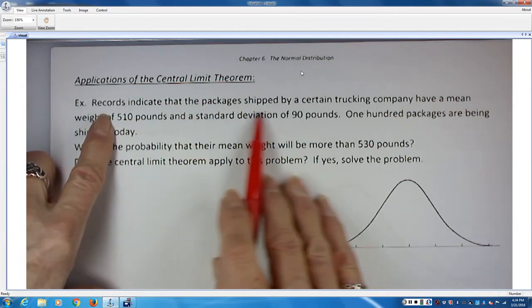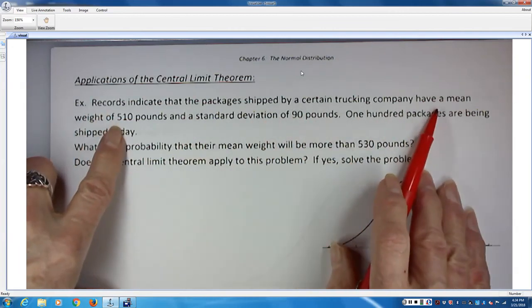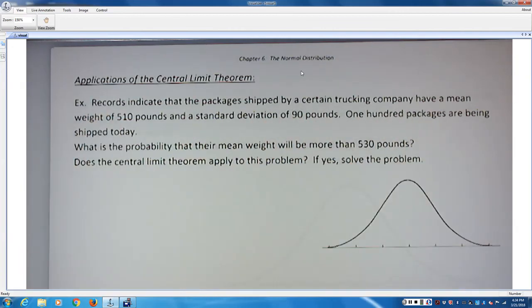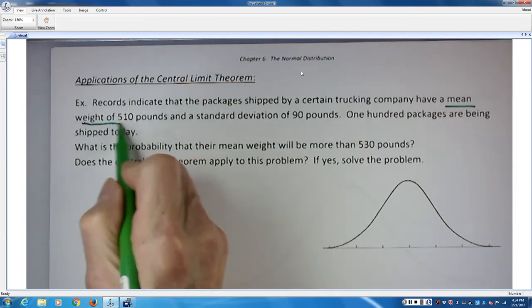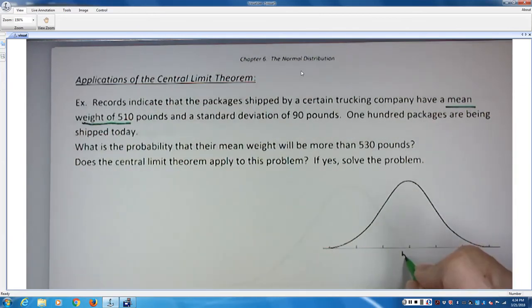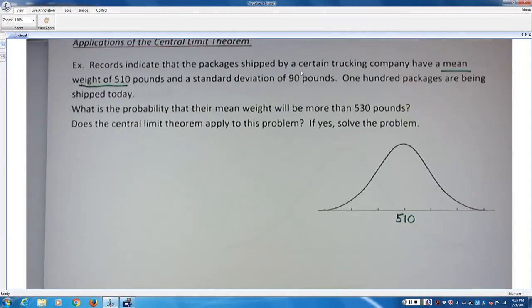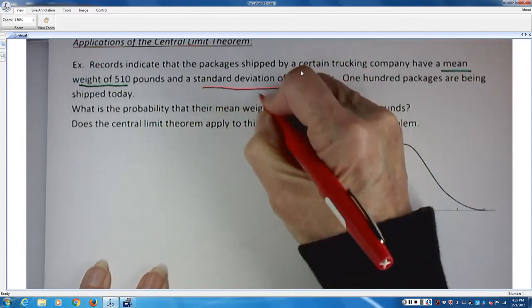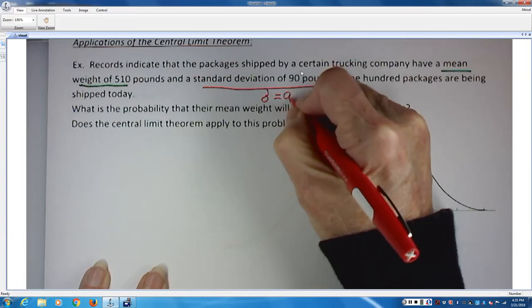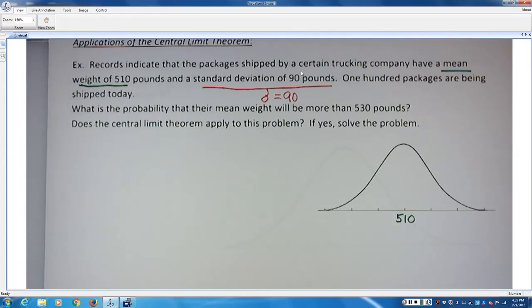Records say that the packages shipped by a certain trucking company have a mean weight of 510 pounds. Okay, there's my 510 pounds. Standard deviation is 90 pounds. Then it tells you 100 packages are being shipped today.